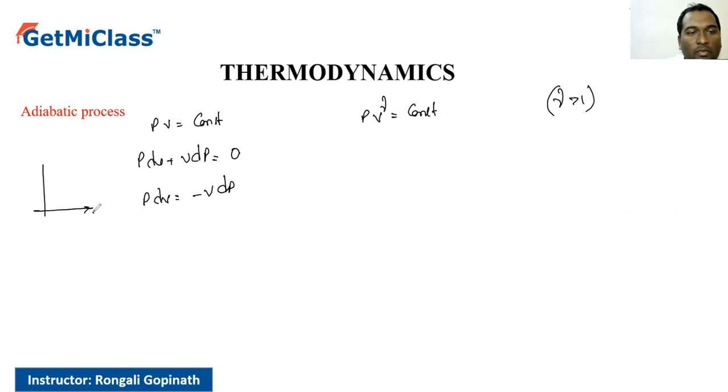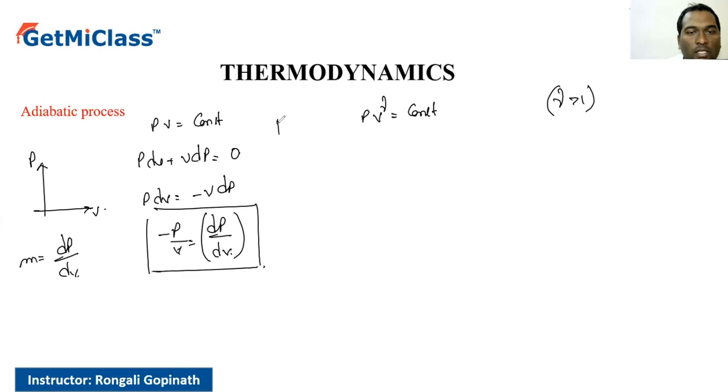And it is a PV curve. So volume is on the x-axis, pressure is on the y-axis. Slope is nothing but dP by dV. dP by dV is given by minus P by V. This is in case of an isothermal process. In case of adiabatic, it is P into gamma into V^(gamma minus 1) dV plus V^gamma dP is equal to 0.